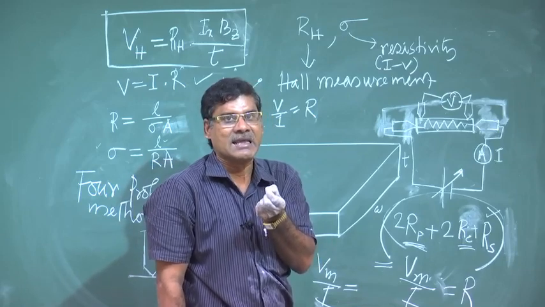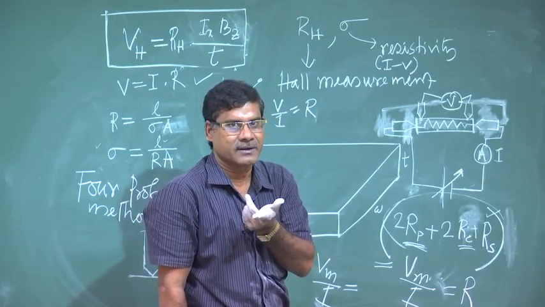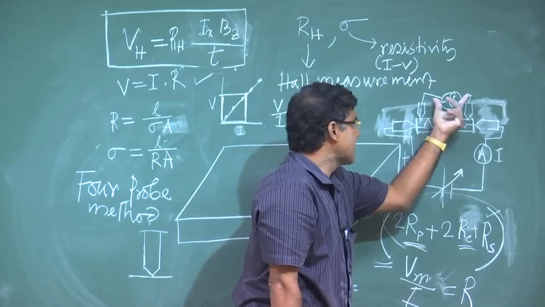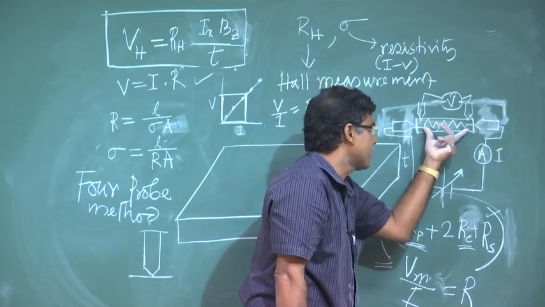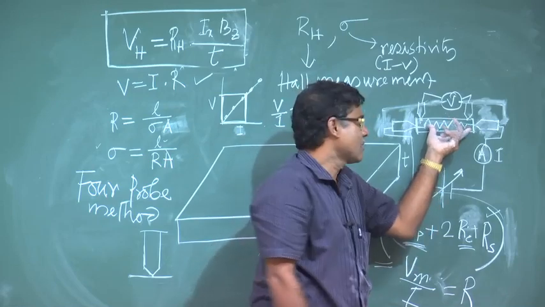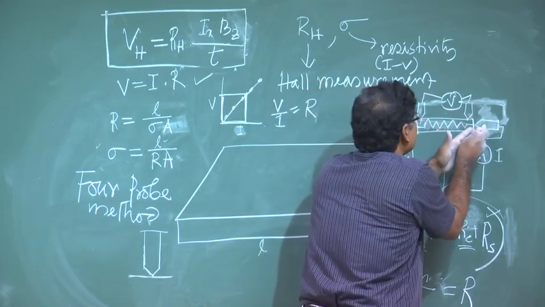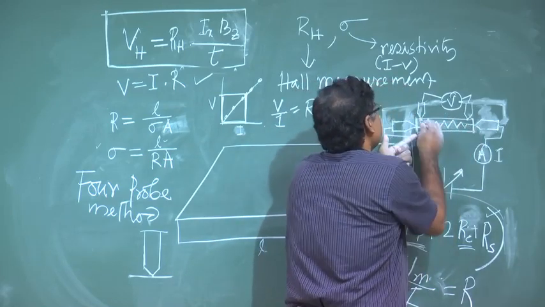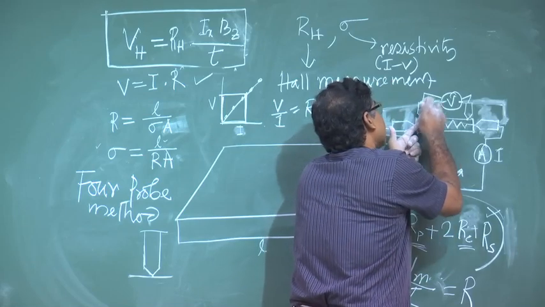It can be very negligible current, okay, since this resistance is very high compared to your sample resistance. So, all current will flow through this and no current is flowing through this.